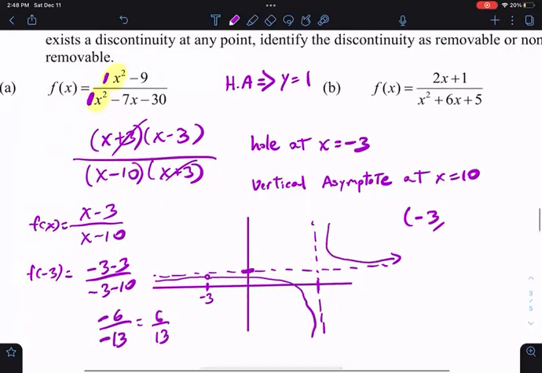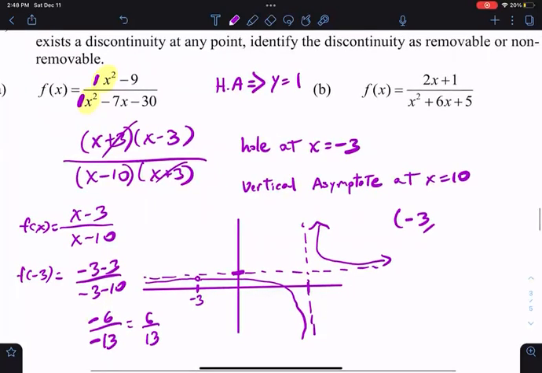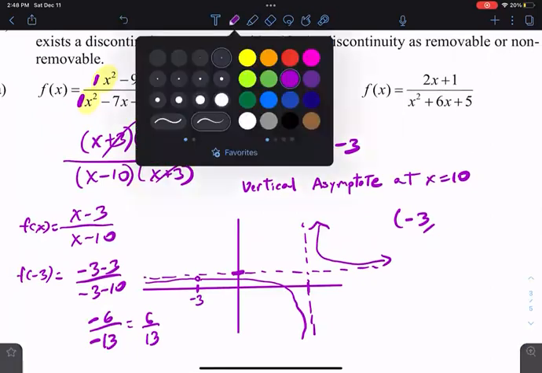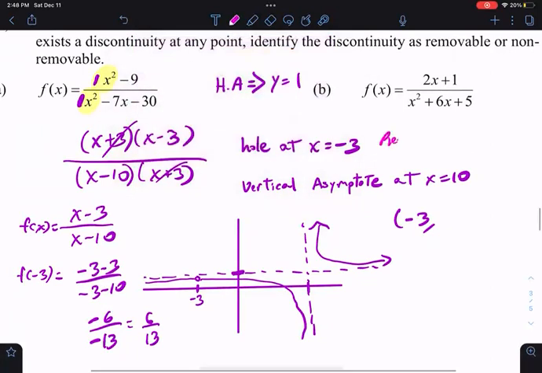So now, what you can say, well, this one, the hole, is a removable discontinuity, right? And the vertical asymptote is a non-removable discontinuity, right?